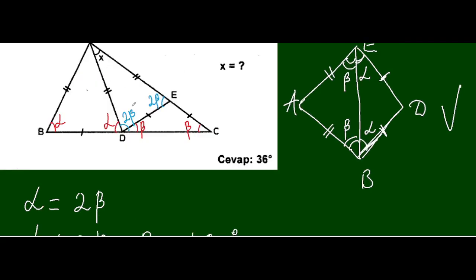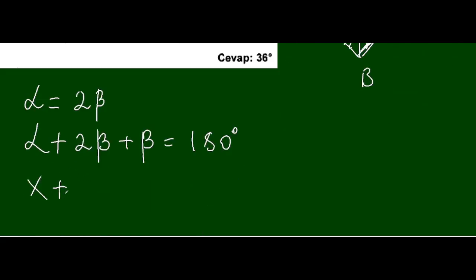And at the end, we can sum up with the last equation, x plus 2 beta plus 2 beta plus 2 beta plus 2 beta has to give us 180 degrees.